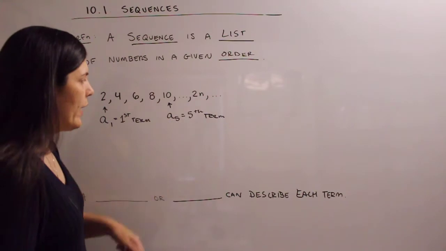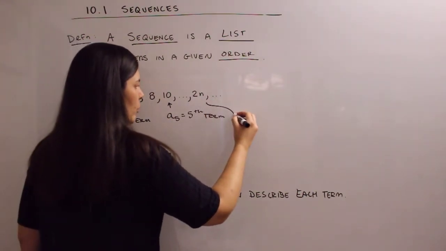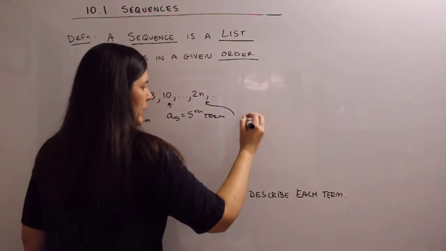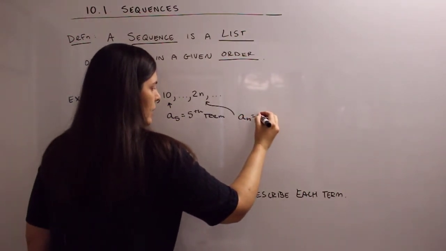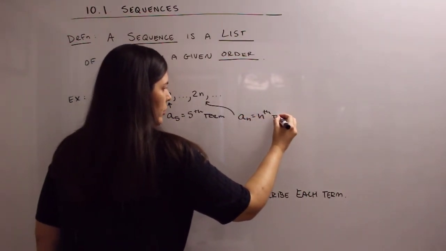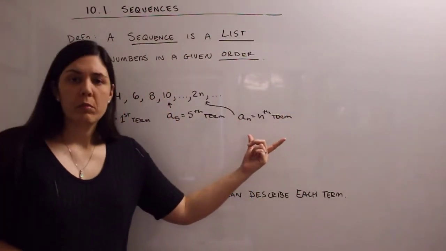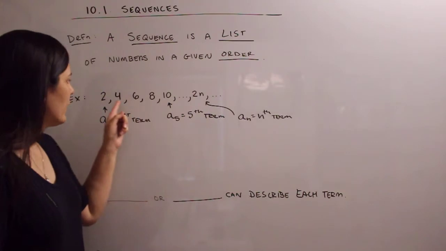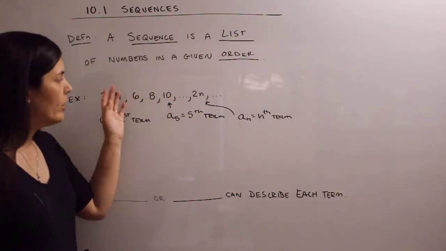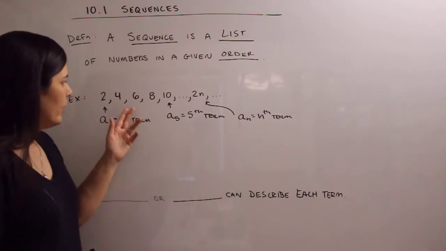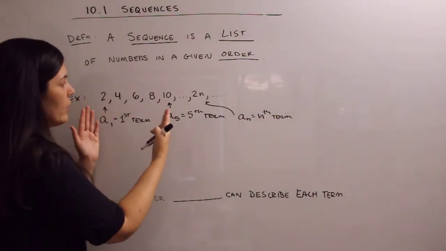And then 2n, well, this one over here, we would call this the nth term. So the subscript would be n. So this is a sub n, and this is the nth term in our sequence. And so this is a general term. This could be anywhere on the list. It could be 2 and 4 and 6, all these numbers I've already listed are technically nth terms, but they have specific numbers because I know where they're at on the list.